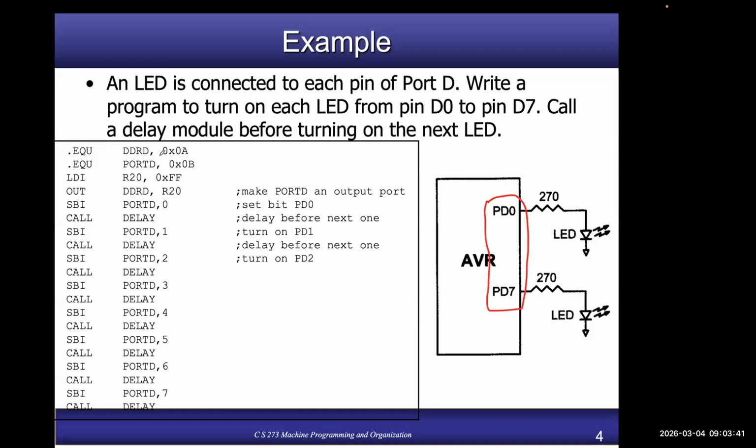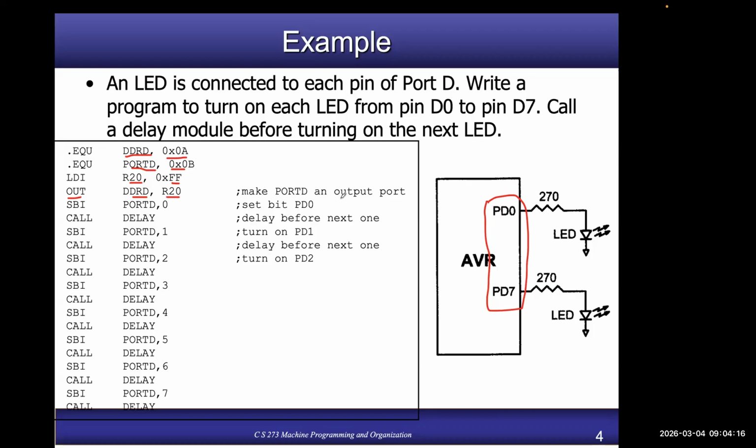Even before that, we are using the equate directive to equate the name of register DDRD with its I/O address, and we do the same thing for the port D register. Then we are loading 0xFF into register R20, and we are moving the value of R20 into the DDRD register using the out instruction. So now we have configured port D in the output mode.